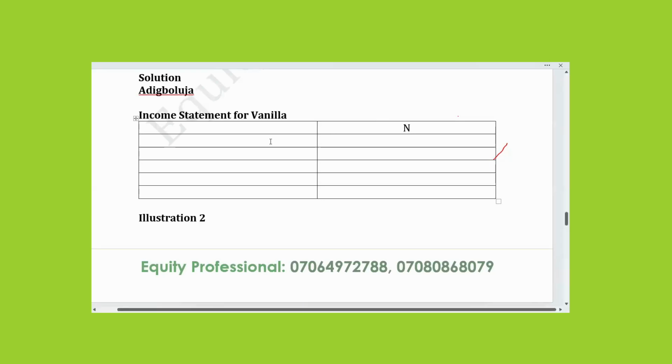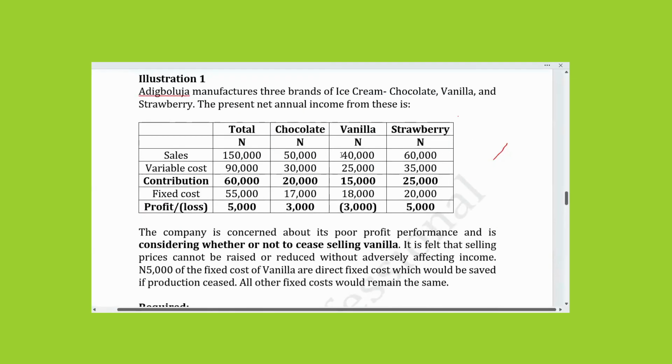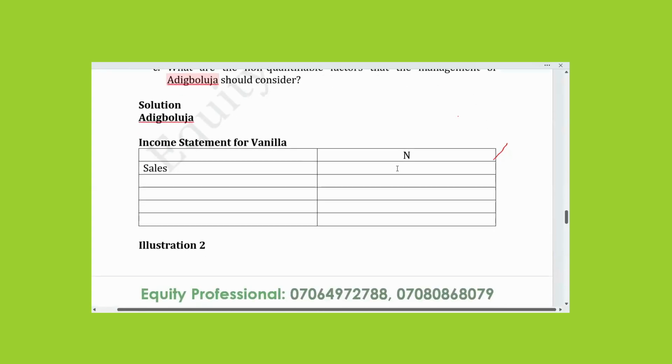Under this, the first item will be sales value. Remember, under deleting of a segment, you are supposed to compare the sales value with the relevant cost of making the segment. So I will go to the question, what is the sales of vanilla? The sales of vanilla is 40,000 naira. So here will be 40,000.